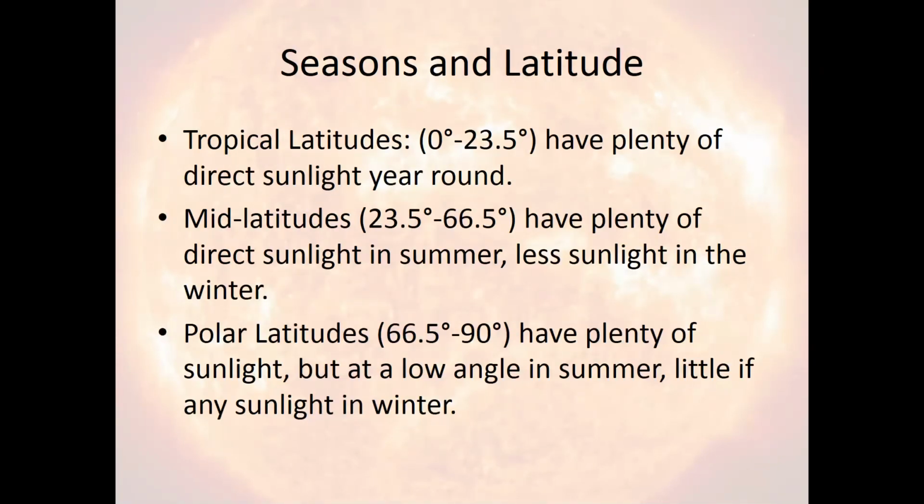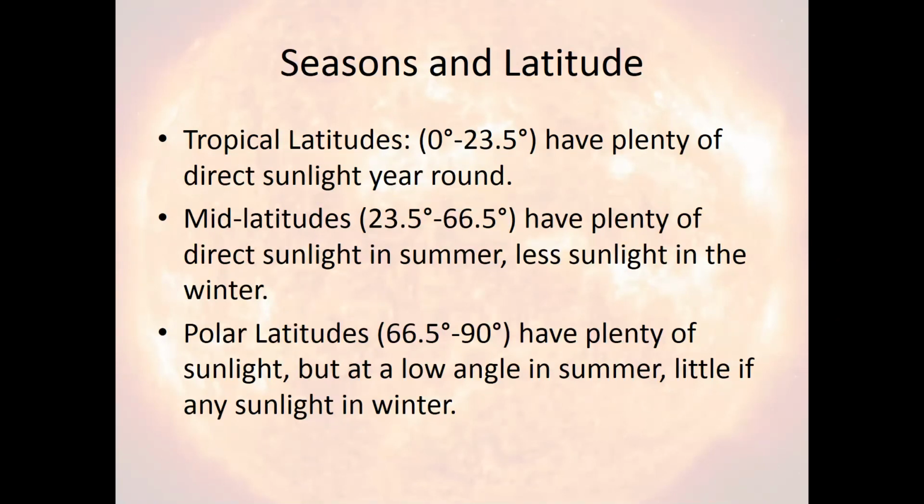Now, with all of this said, where you live on Earth greatly impacts the kind of seasons you have. If you live near the equator in what are called the tropical latitudes, roughly between 0 and 23.5 degrees north or south, you are going to have plenty of sunlight year-round. In fact, there are times of the year where the sun is directly overhead. And even when it's not directly overhead, it's still coming in at a very high angle.